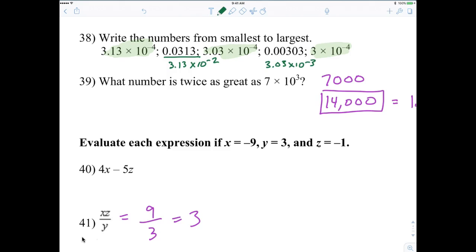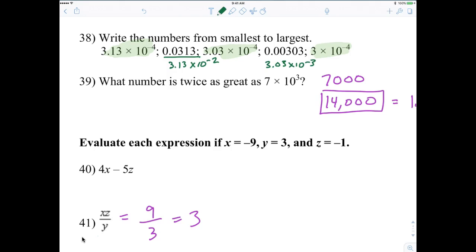Okay. Wait a minute now. Look again, guys. Think about it for a second. Is 3.13 times 10 to the negative 4 small? Oh no, it's 3 times 10 to the negative 4. Now, listen. All you're doing is comparing. These numbers, the exponents are the same, right? So literally, you're just comparing the decimals.